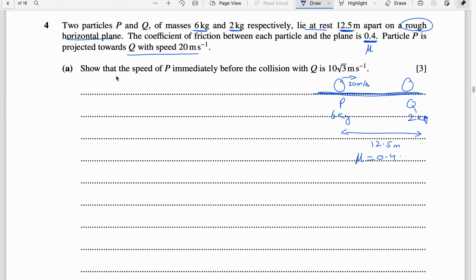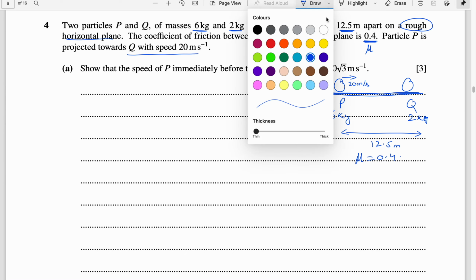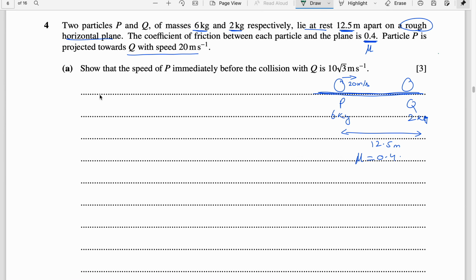So show that the speed of P immediately before collision is this. So this is how we do it. Kinetic energy. Initially, P is having kinetic energy. Surface is horizontal, so no change in potential energy.